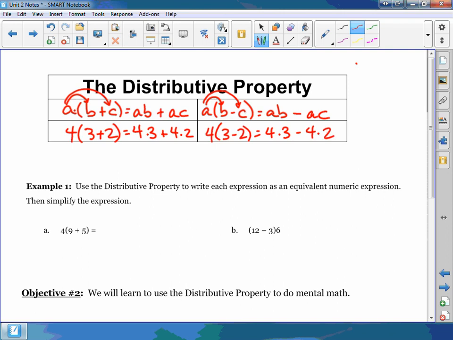Now, those, obviously, we could simplify all the way down to get a numerical response. But if there were variables involved, then you couldn't do that. Okay, so why don't you try example 4 here and simplify those two expressions. So write it out using the principle of the distributive property, and then you can ultimately simplify it down to a final numerical answer.